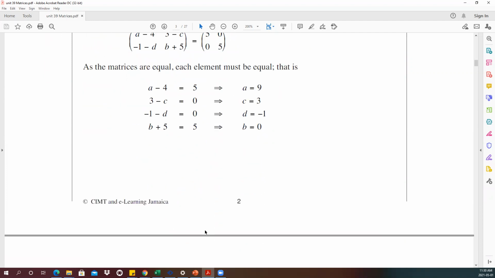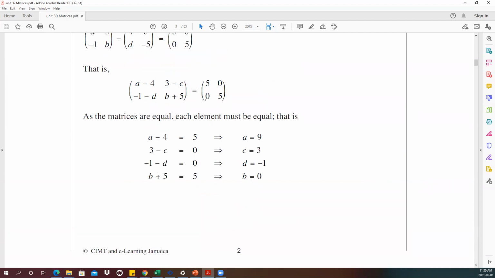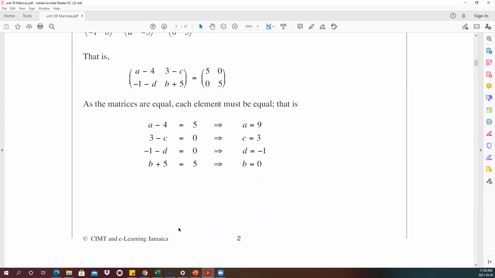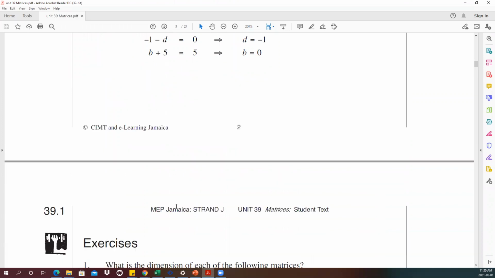So that's it. You use the fact that you subtract corresponding elements, and you equate it to the corresponding result that it's supposed to have. See, A minus 4 is equal to 5, corresponding top left, top left, top left, and so on and so forth.